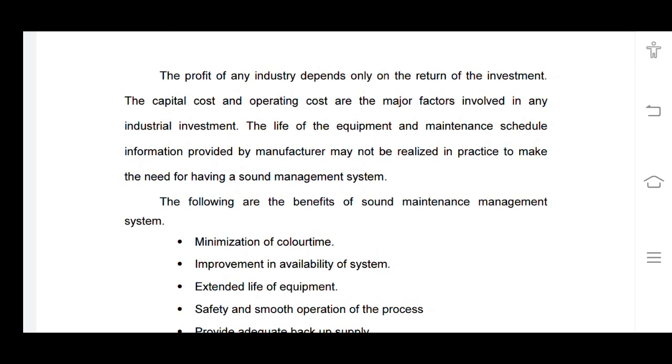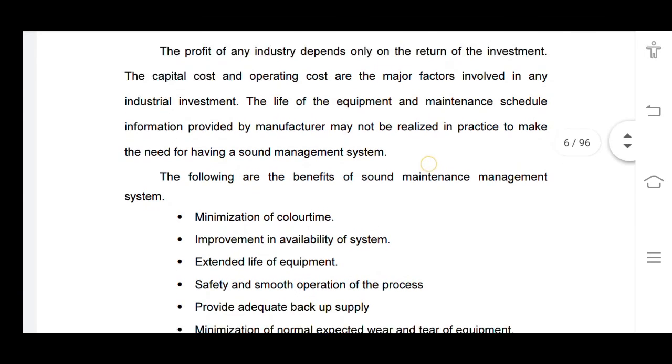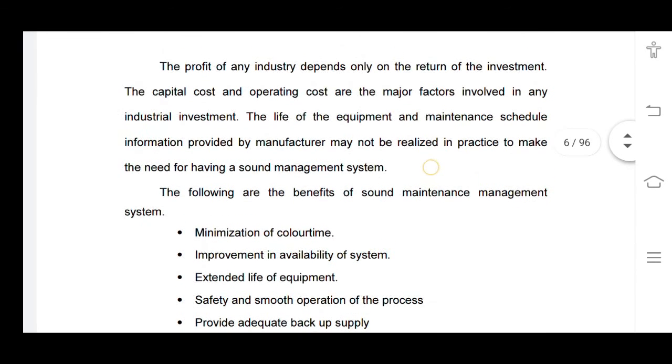The second one is maintenance outsourcing. What do you understand by maintenance outsourcing? Some businesses outsource some or all of the maintenance action to an external agent under a maintenance service contract. So these are important trends in management trends.